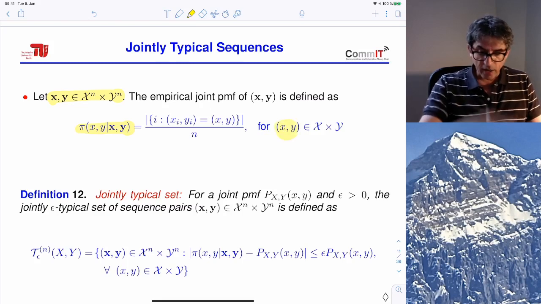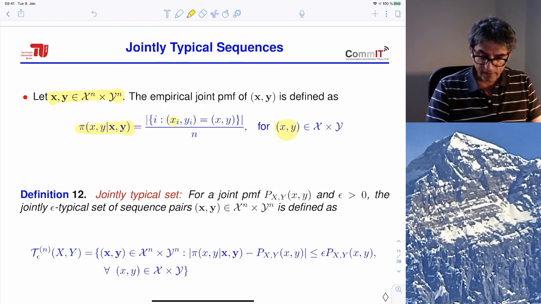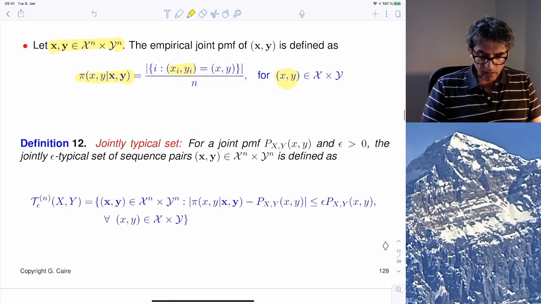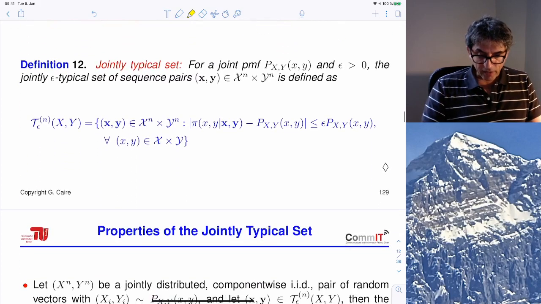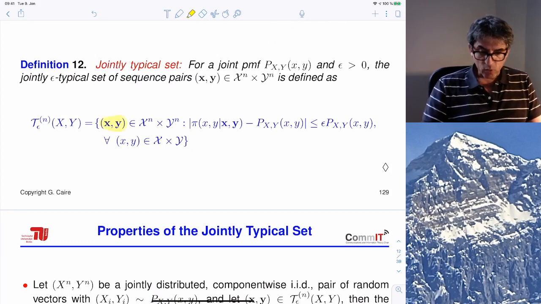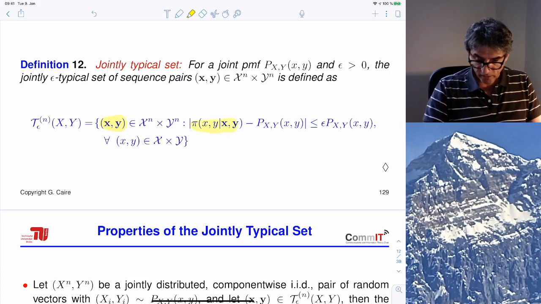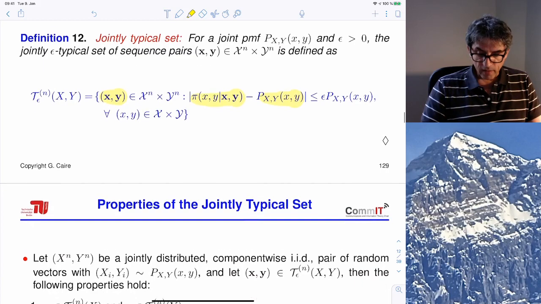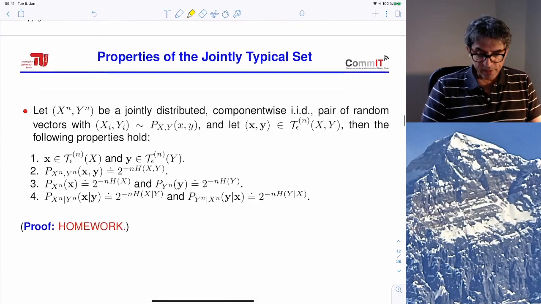We count the occurrences of the pairs of letters xy in the pair of sequences, we divide by n, and those are the empirical frequencies of the pairs. And we can define the jointly typical set as all the pairs of sequences xy such that their joint empirical frequencies are close to the true joint probabilities, exactly the same way. So the definition is completely symmetric with respect to the individual typical sequences.